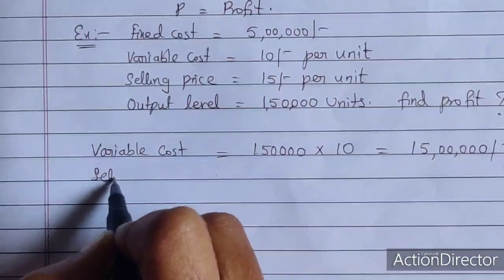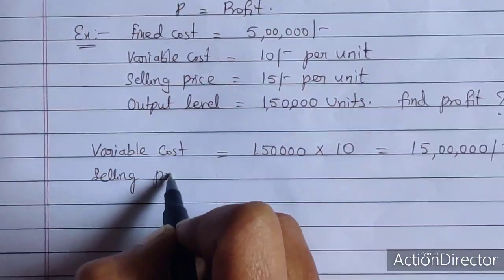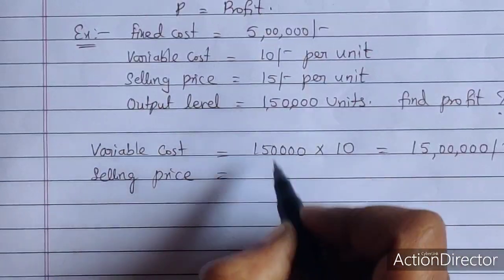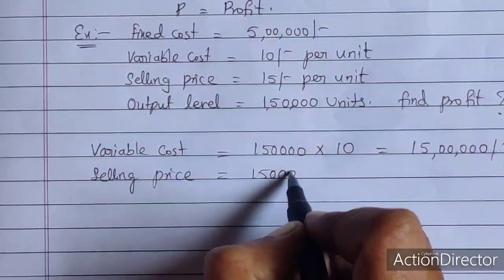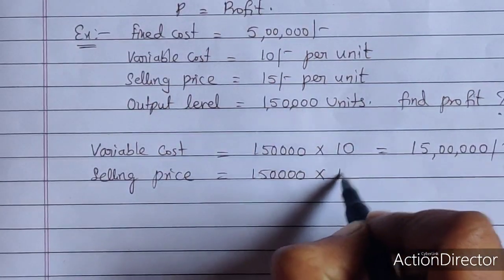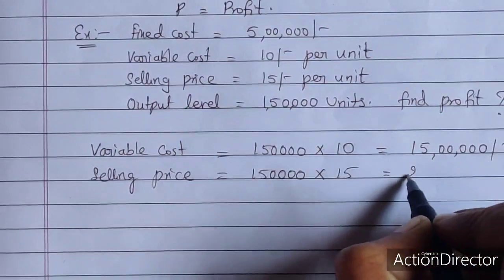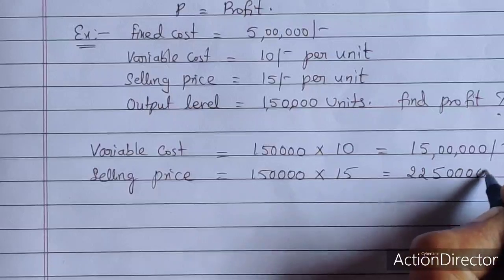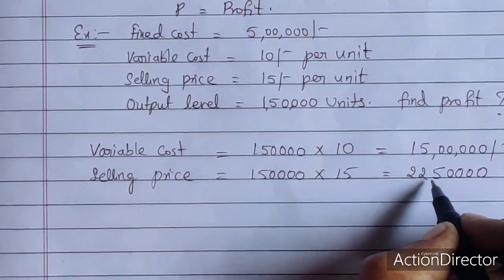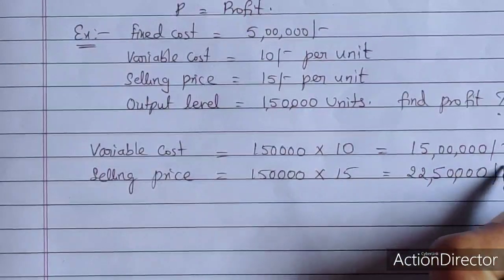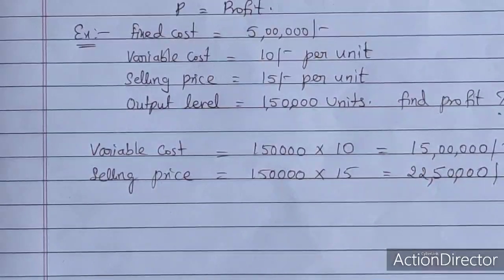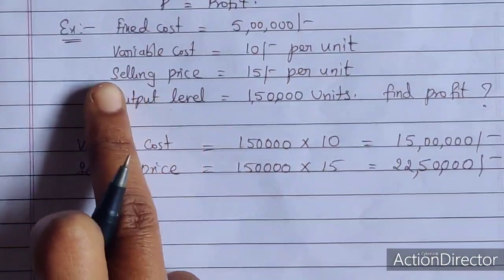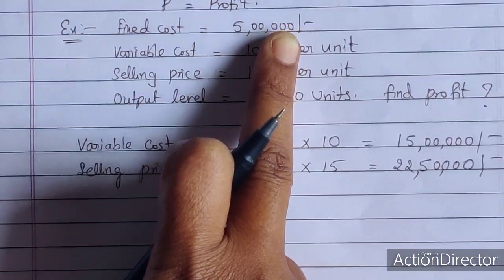Next, selling price. Our selling price is 1,50,000 units into 15 rupees, which is 22 lakhs 50,000 rupees. Already they have given us fixed cost as 5 lakhs.